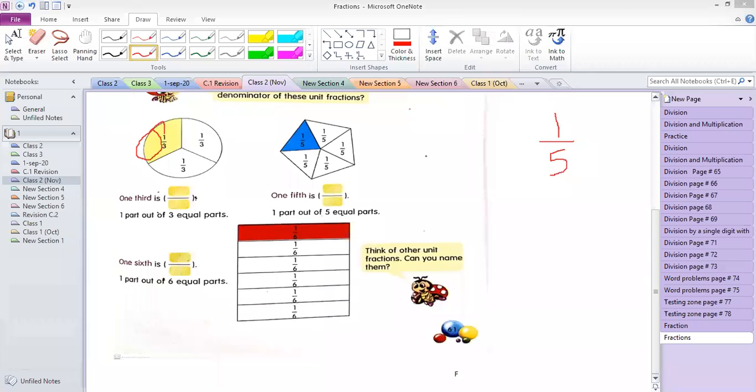Guys, don't you know counting? I am asking you to count how many parts there are. One like this, two like this. In that way, how many total parts are there? It is divided into how many equal parts?